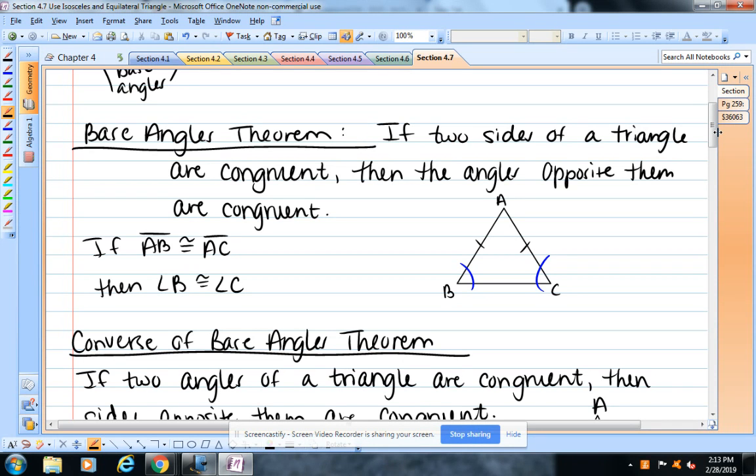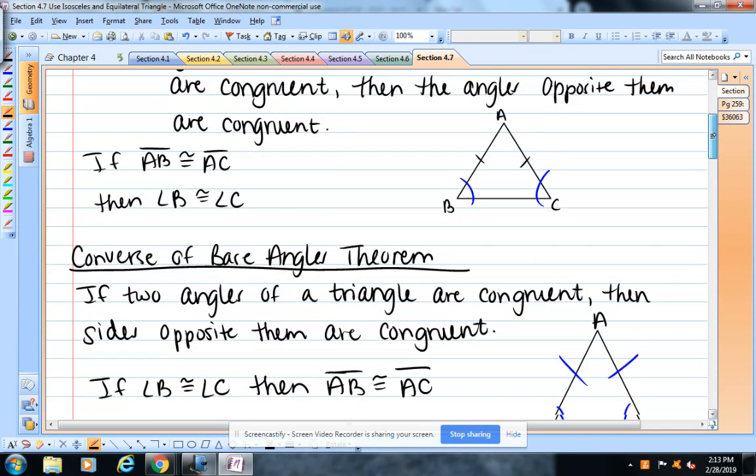So two sides are congruent in an isosceles triangle, and also two angles are congruent. That's pretty cool. That gives us a lot of information. So the two sides are congruent, and the two base angles are congruent.